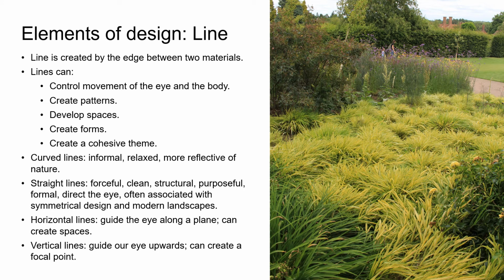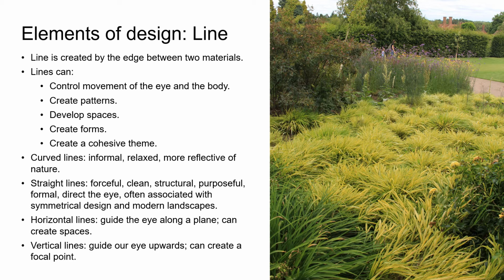Line is created by the edge between two different materials or blocks of plants or the profile of features in a landscape. And we can use lines in several different ways. We can use lines to control movement of the eye and the body through a landscape. We can create patterns. We can create or define spaces. We can create forms, and we can use lines to create a cohesive theme.